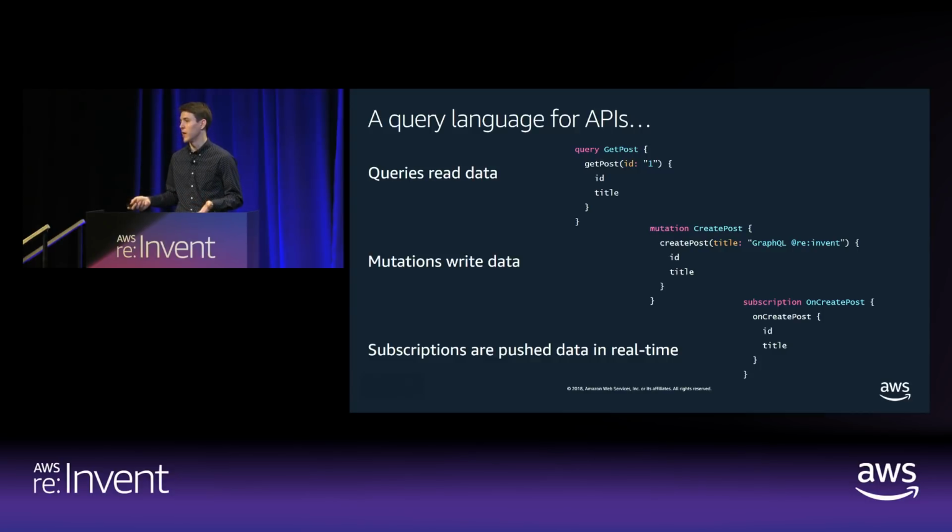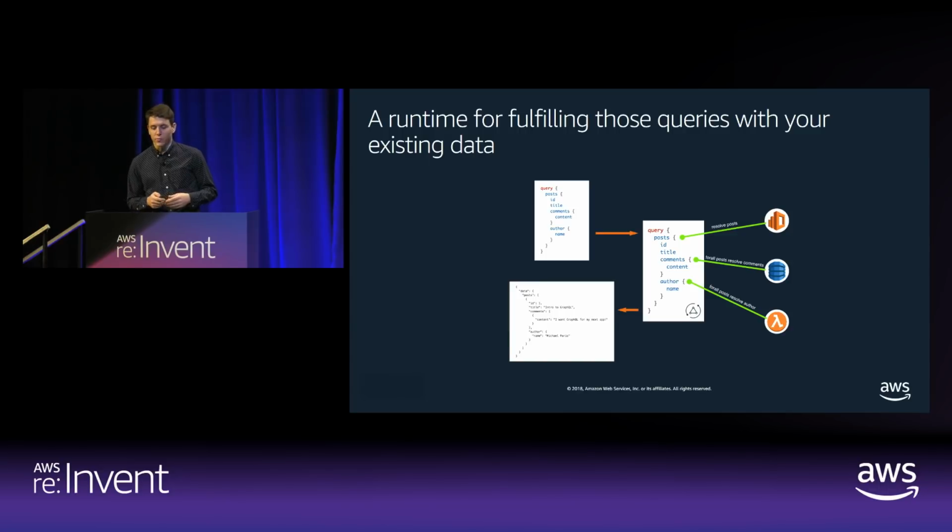GraphQL is actually a full-fledged language, and it has 3 base operation types. There's queries that read data. You could think of it like a GET request. There's mutations that augment data. They're your PUT and your PATCH and your POST. And you've got subscriptions that stream data, which there's no real concept in REST, but you think of it as a WebSocket connection.